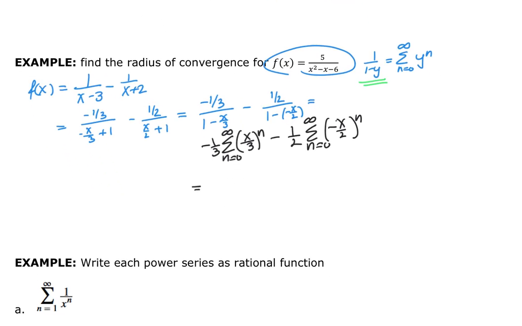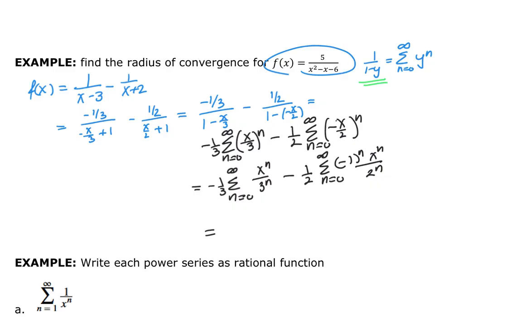Then I'm going to distribute the n on the x and the 3, and the x and the negative 2 and the negative 1 in the second grouping. And so I'm going to get negative 1/3, the summation of n equals 0 to infinity, x to the n over 3 to the n, minus 1/2, the summation of n equals 0 to infinity of negative 1 to the n, x to the n over 2 to the n.